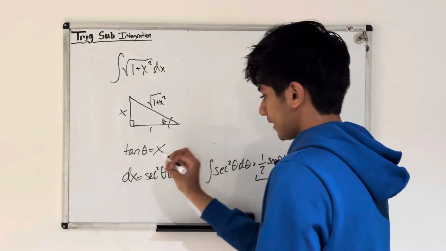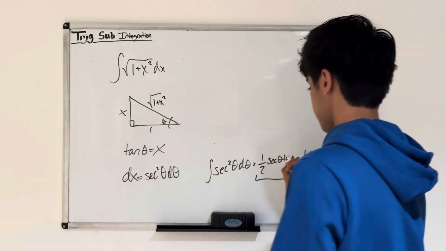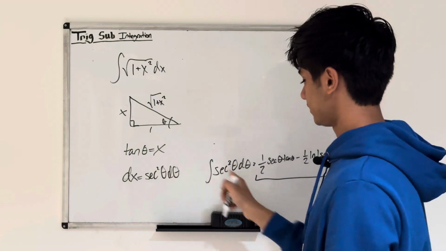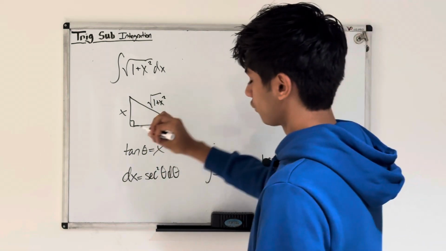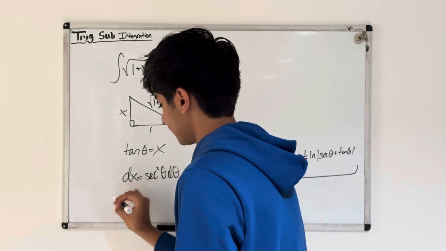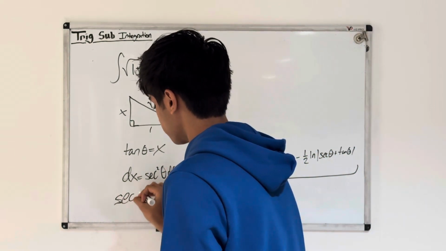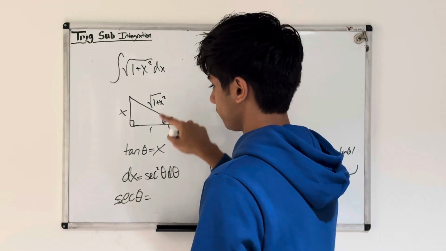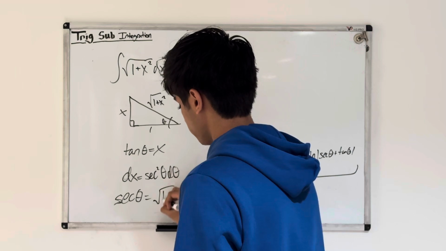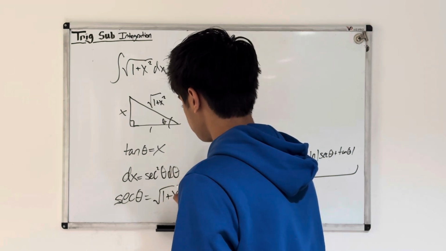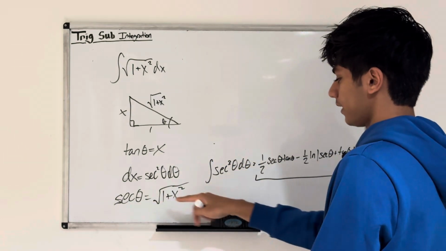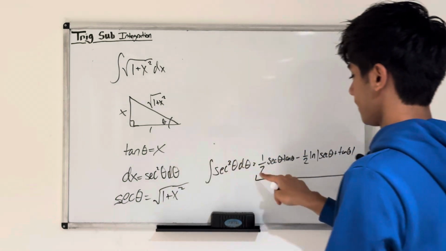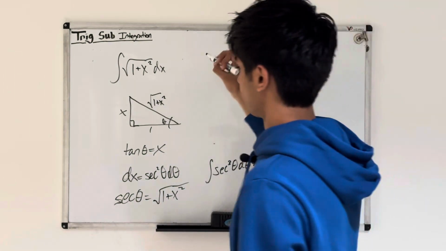Right off the bat, we can see that tangent theta equals x, so we can plug it in here and here, but we need to find secant of theta. Looking at our triangle, secant of theta, which is 1 over cosine of theta, equals square root of 1 plus x squared over 1, which is just square root of 1 plus x squared. So now we have all the tools to plug these two expressions back in to get the answer in terms of x.